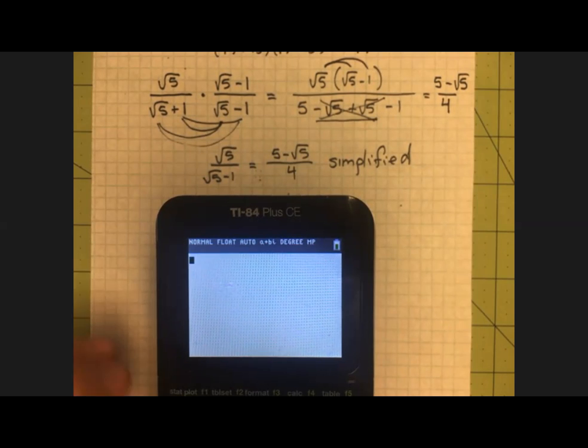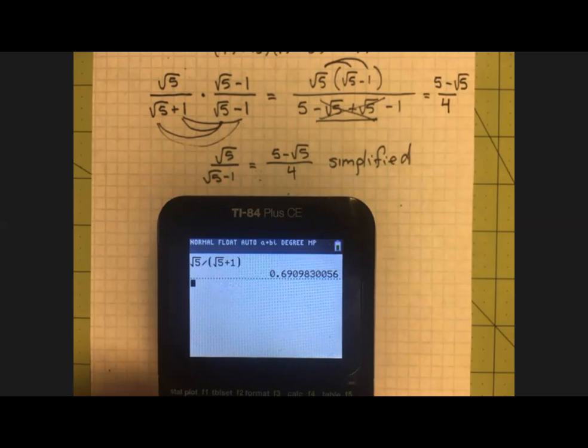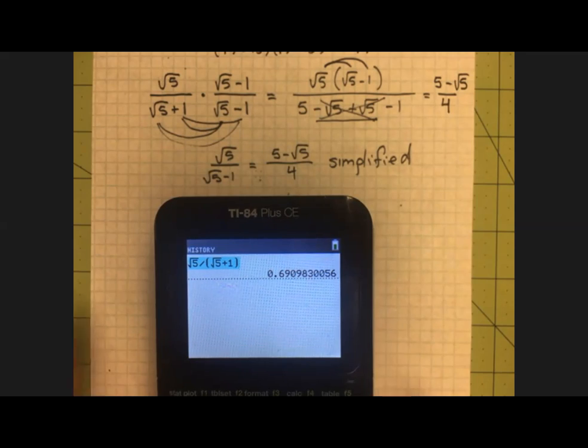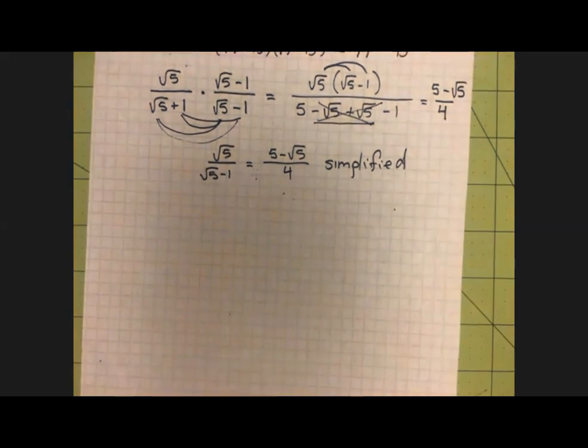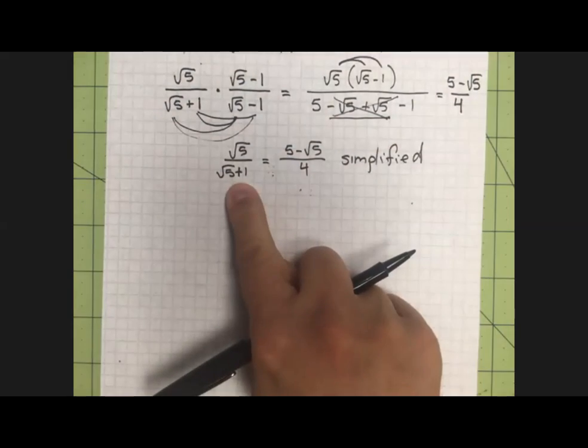Now, just to make sure everybody's happy, say square root of 5 divided by square root of 5 plus 1. Oh, sorry, I wanted minus, didn't I? No, I wanted plus. What am I doing? Oops, sorry. That was a plus sign originally. I just miscopied it.